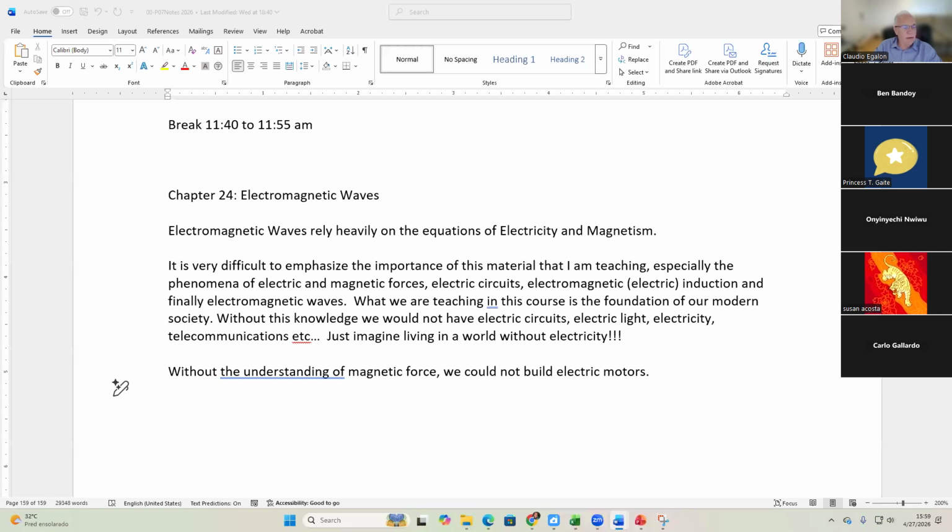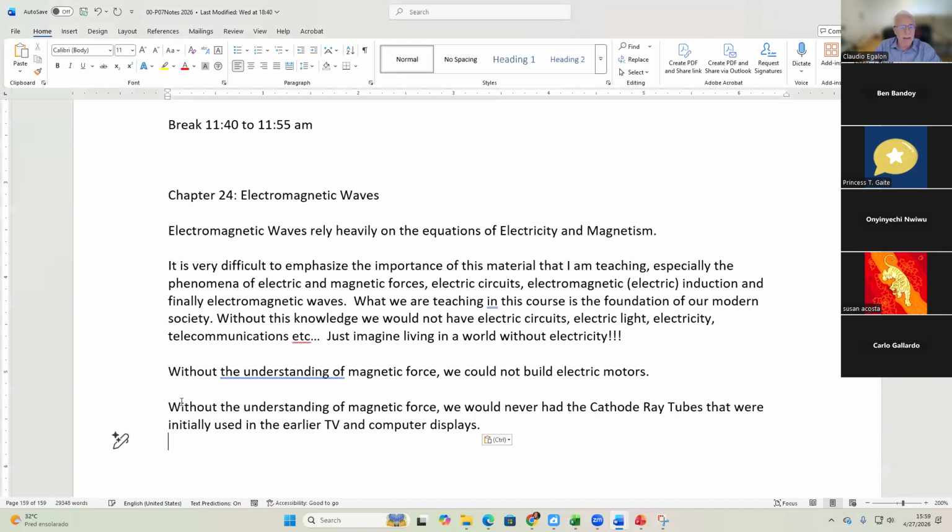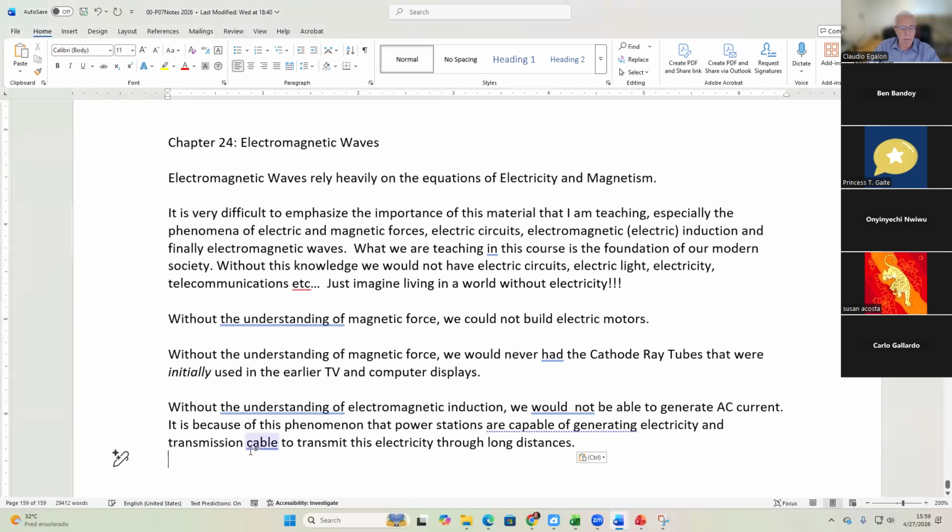And without the understanding of magnetic force, we couldn't have the cathode ray tubes that were initially used in the early TV and computer displays. Without the understanding of electromagnetic induction, we wouldn't be able to generate AC current or produce electricity on a large scale.